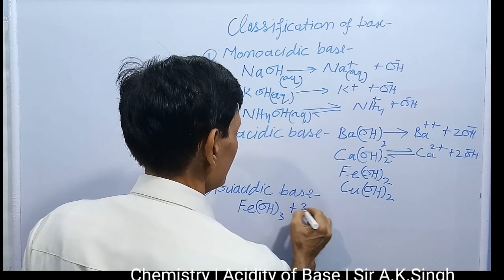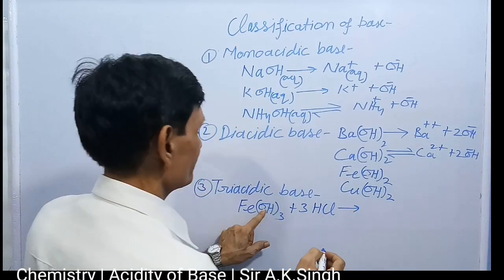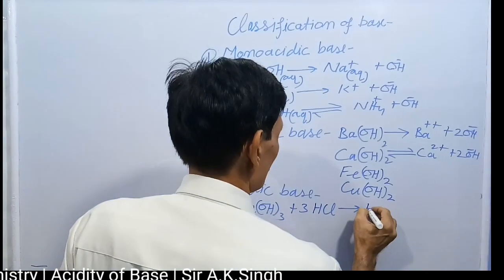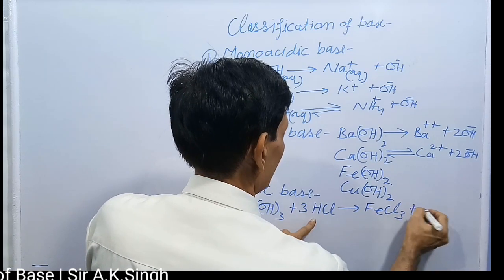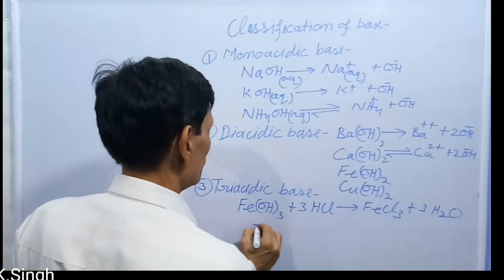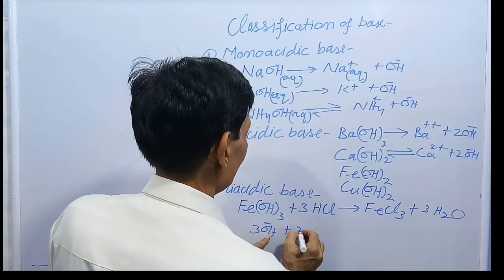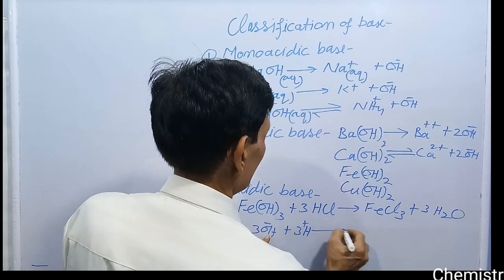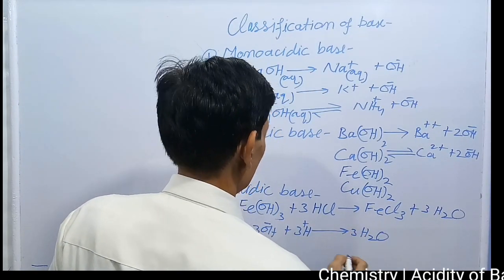Then how will you show this? It requires 3 molecules of HCl, because here 3 OH are there, to form FeCl3 plus 3H2O. This is a triacidic base because one molecule provides 3 OH minus, hence 3H plus is required for complete reaction to form water.